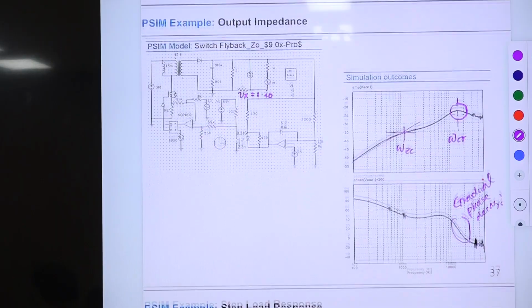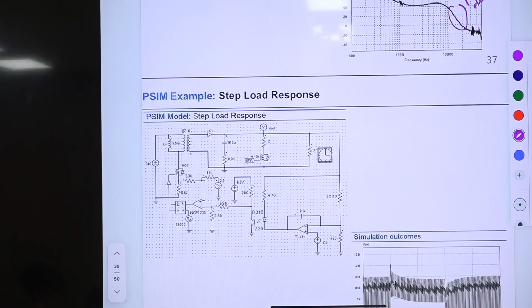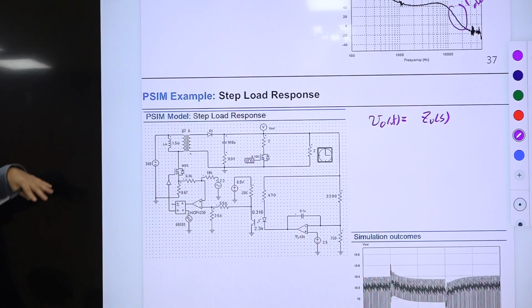So this is the step load response. The step load response is this one. VOT is the step load response in the time domain. Okay. Then this one is GOS, the output impedance, the current disturbance to output voltage transfer function, and for the step input, you use this, I step is the size of the step change, okay.